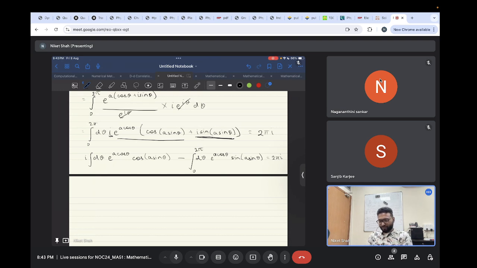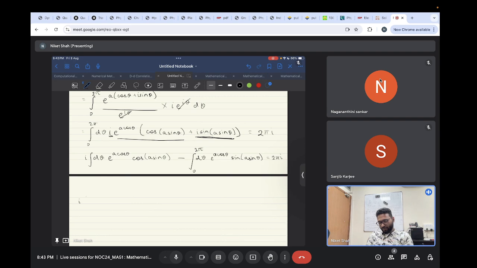Suppose I say x plus iy is equal to a plus ib. If this is equal, then x has to be equal to a and y has to be equal to b. This is necessary, this will happen. So similarly, this part yields the imaginary part and this yields the real part, so I can simply equate this with the right hand side also.